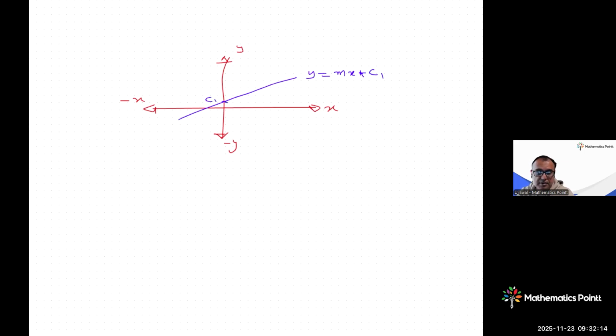What was y-intercept? Where your line touches the y-axis. Simple. Now I'm going to draw another line. This line is parallel to the line, blue line.